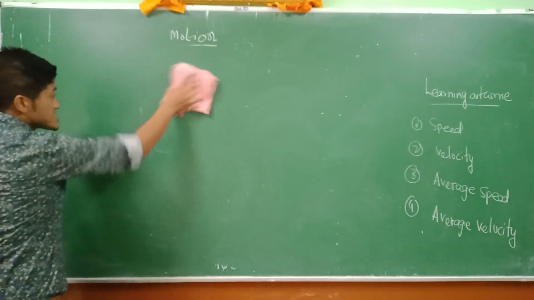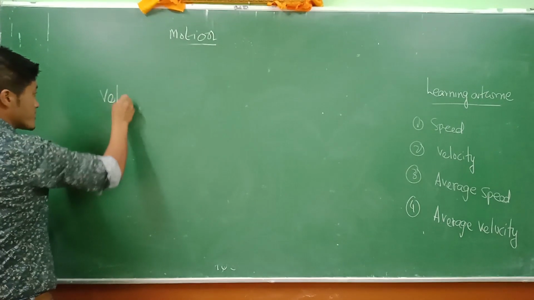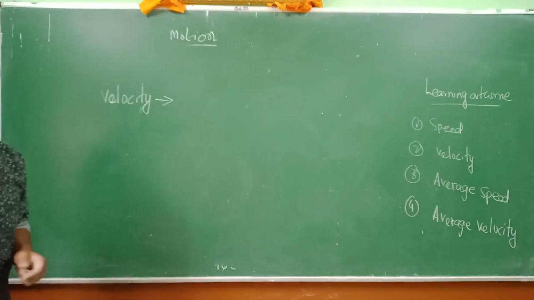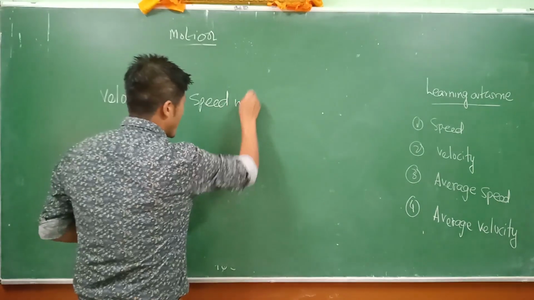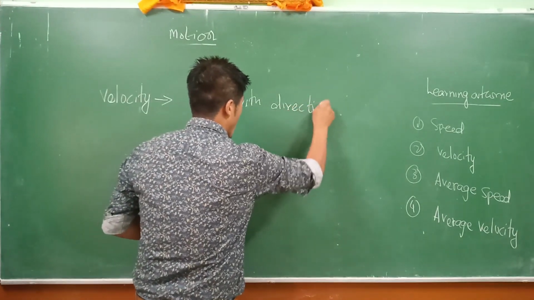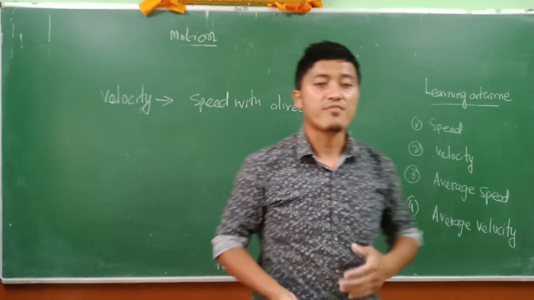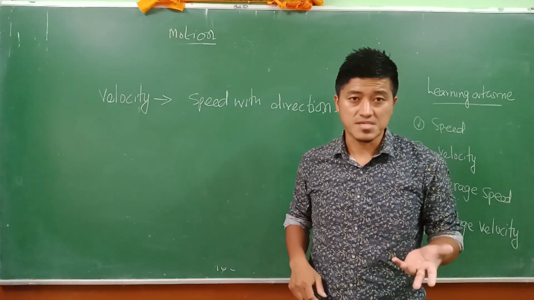Understand? Now the second one here, that is velocity. Velocity is speed with direction. Whenever there is a speed, and I show you the direction in that speed, we call this kind of speed velocity.